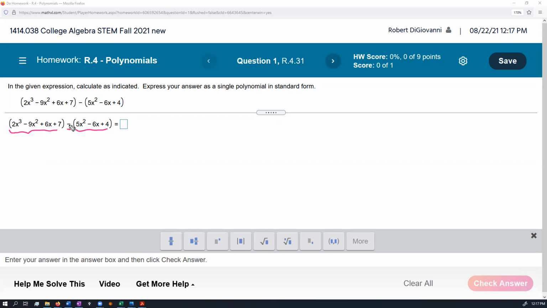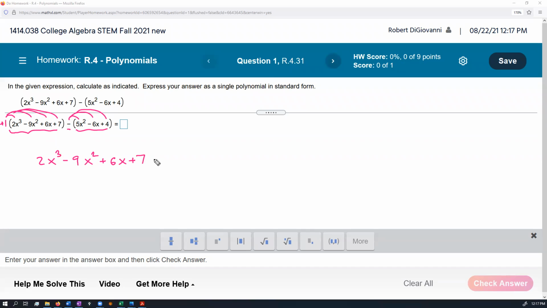Because there's a subtraction symbol in front of this parentheses, we must distribute the negative through, which changes the signs. And in the first parenthesis, there's really a hidden 1 here, and it could distribute through also, and it changes nothing because it's implied that it's a positive 1. So we have 2x cubed minus 9x squared plus 6x plus 7.